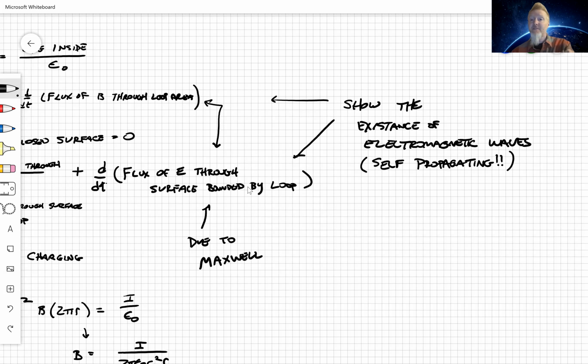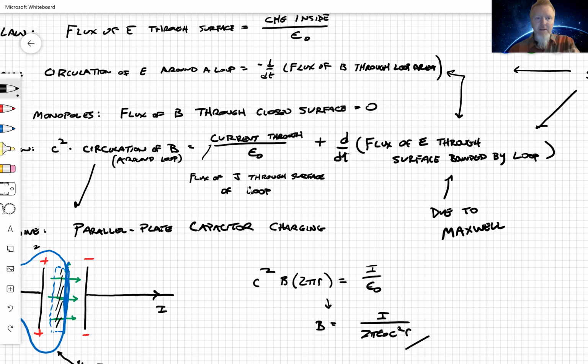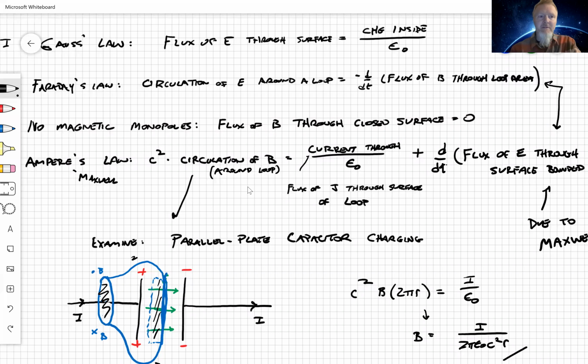That's key, because if they didn't do that, they wouldn't be able to travel, right? We wouldn't be able to listen to radio. The question is, what speed do these electromagnetic waves travel at? Well, it turns out that if I go back over here to look at what speed is involved here, there's only one speed involved here.